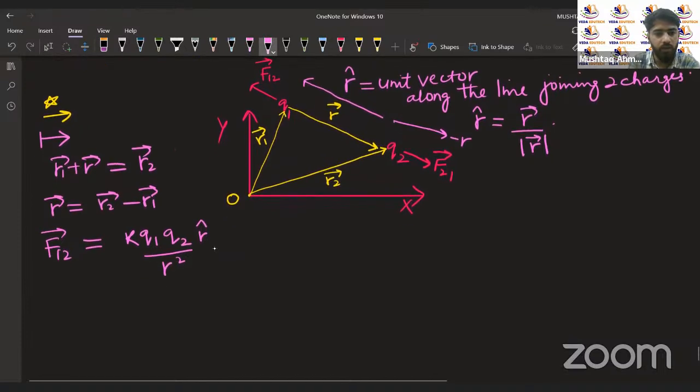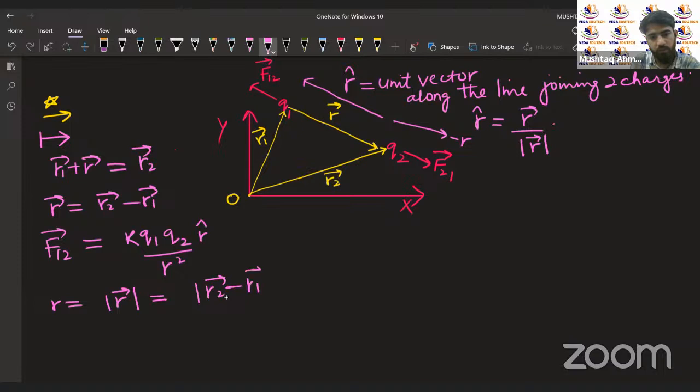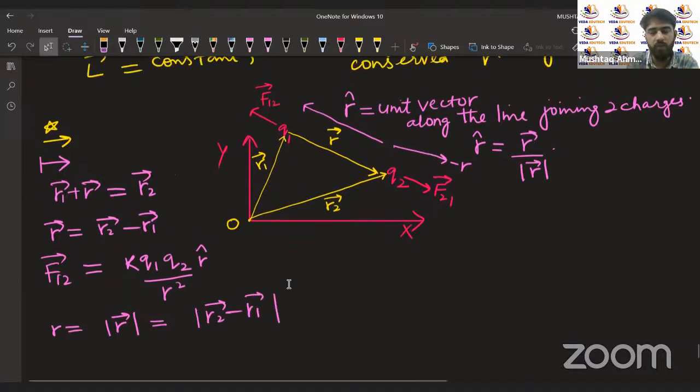And r is nothing but the mod of r vector. So we can write R is the mod of r vector. We can also write it like this: mod of r2 vector minus r1 vector.